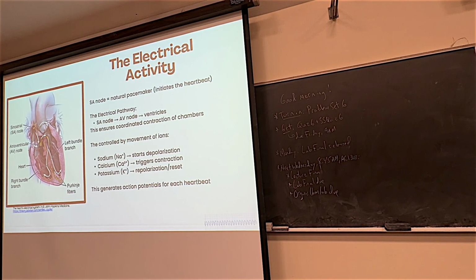For conduction to happen, you need a concentration gradient, meaning there needs to be a difference in ions intracellularly and extracellularly. If there's too much outside or inside the cell, it causes conduction issues, which can be very deadly. That's why it is important to monitor lab values to make sure everything is okay. So yeah, this talks about SA node to AV node and ventricles. That's basically the consensus of how electricity travels within the body.